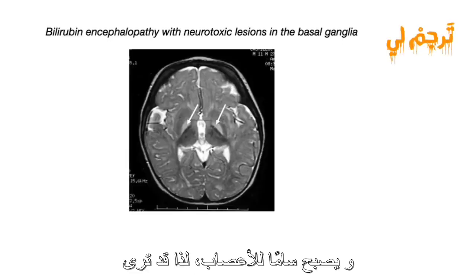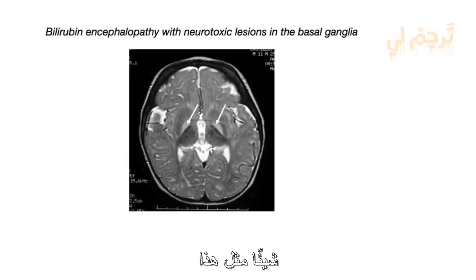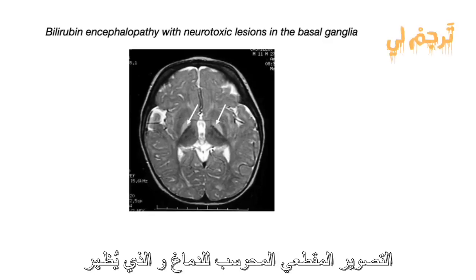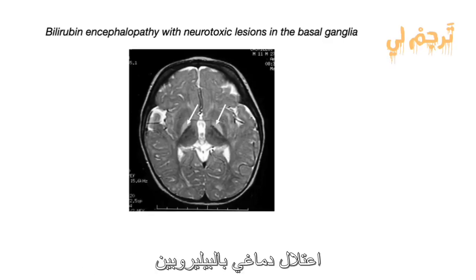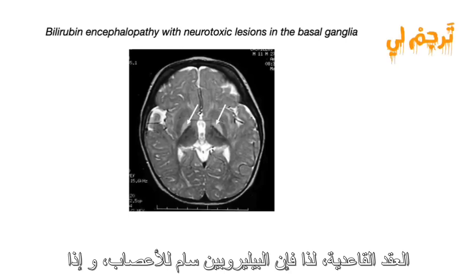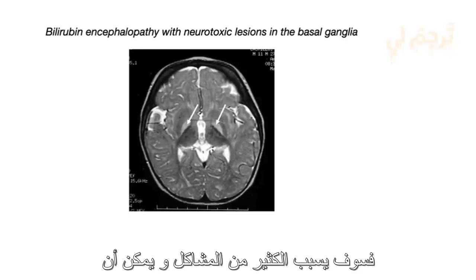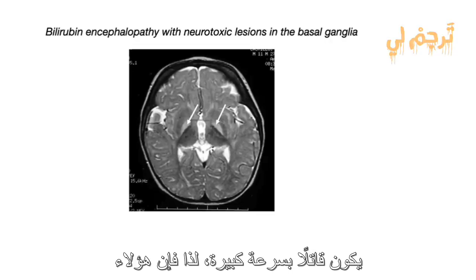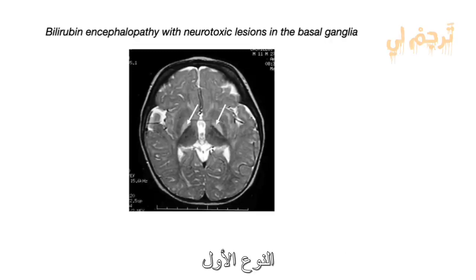So you might see something like this, a CAT scan of the brain, which shows a bilirubin encephalopathy with neurotoxic lesions in the basal ganglia. So bilirubin is neurotoxic. If it goes up to the brain, it's going to cause lots of issues and it can be fatal very quickly. So these patients who have Crigler-Najjar syndrome type 1 are not going to do well.